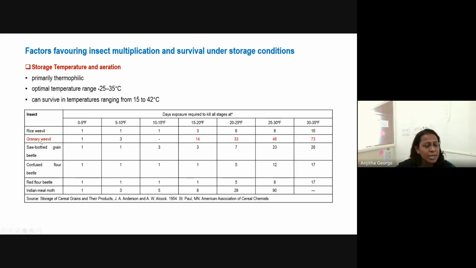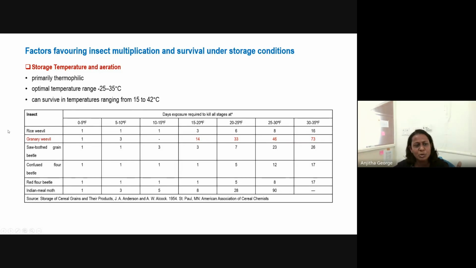Just to cite one example, here we can see the granary weevil, and this table shows the number of days required to kill the different stages of this insect pest at different temperatures. When the temperature is very low, ranging between 0 to 5 degrees Fahrenheit, we need only 1 day.